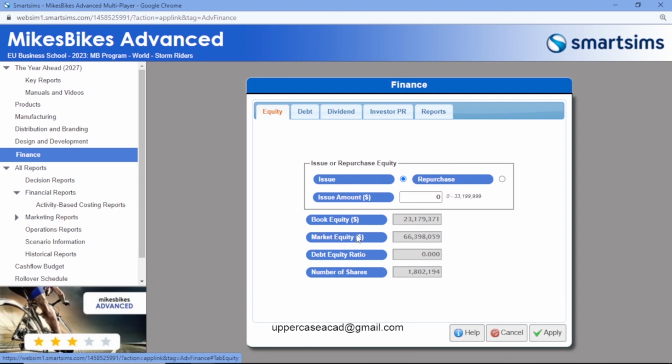This is the market value of your currently issued shares. So let's say you have 2 million shares and a share is $6, then your market equity will be 12 million.